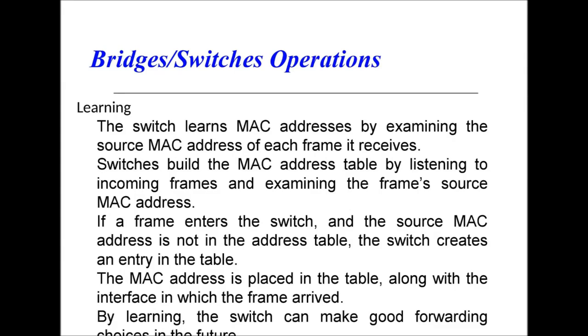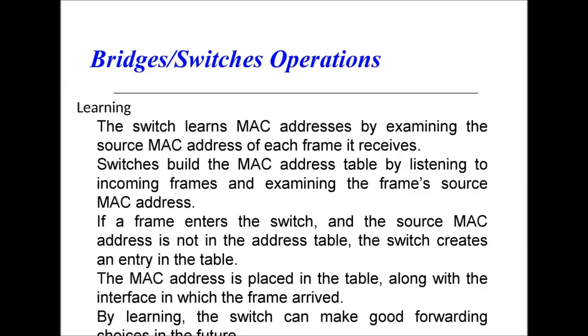Second point, if source and destination local area networks are different, forward the frame. Let's suppose there are two segments or two sub-LANs containing two different broadcast domains. System number one is in one broadcast domain and system number two is in another.